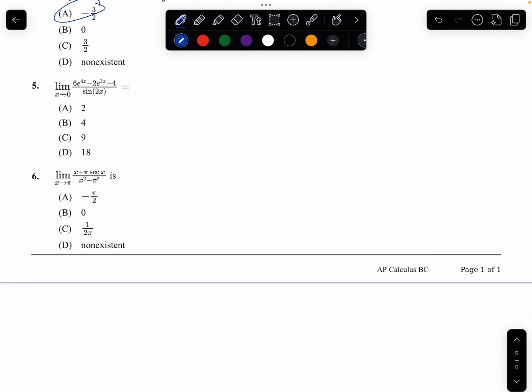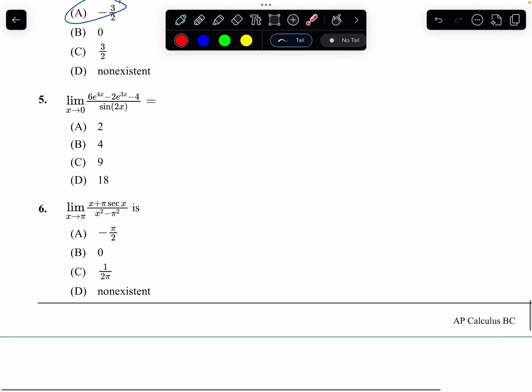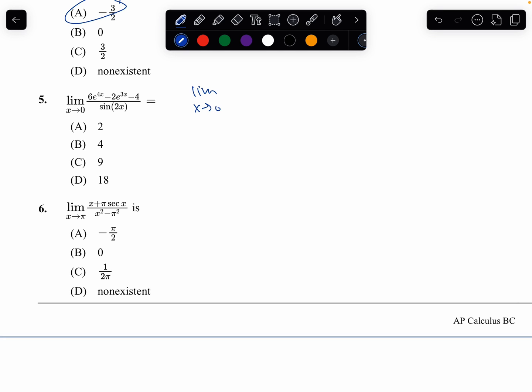For 5, if you plug in 0, sine of 0 is 0, plug in 0. Looks like we get 6 minus 2, which is 4. Minus 4 is 0. So we get the limit as x approaches 0, the derivative of 6e to the 4x is 24e to the 4x minus 6e to the 3x over 2 cosine of 2x.